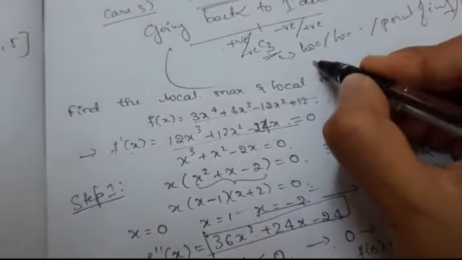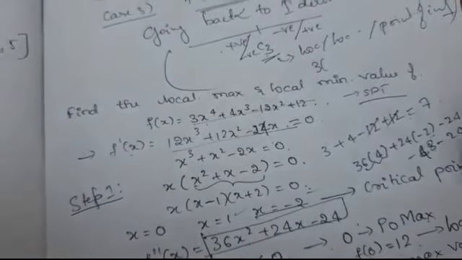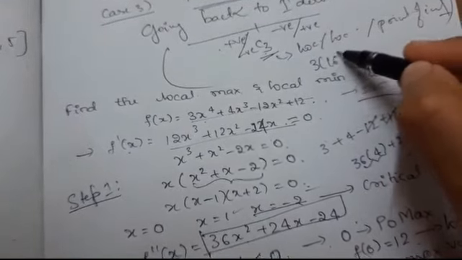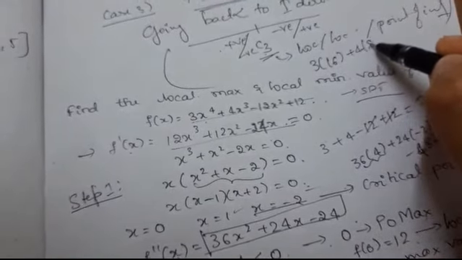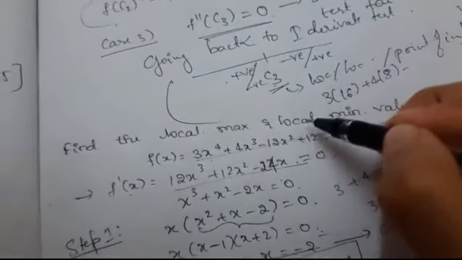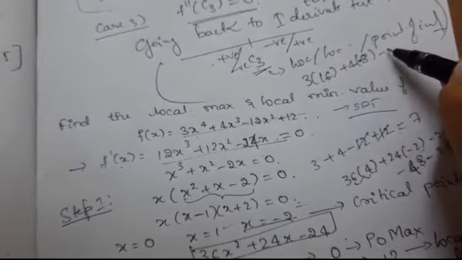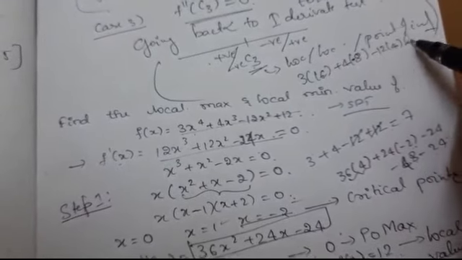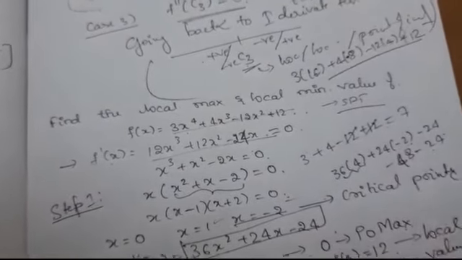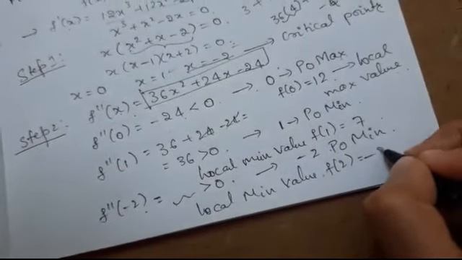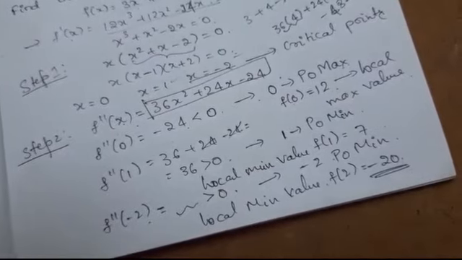What is that? 3 into 2 power 4, that is 16, plus 4 into minus 8, minus 12 into 4 plus 12. So upon simplification, you are going to get the value equal to minus 20. So this is the local minimum value.